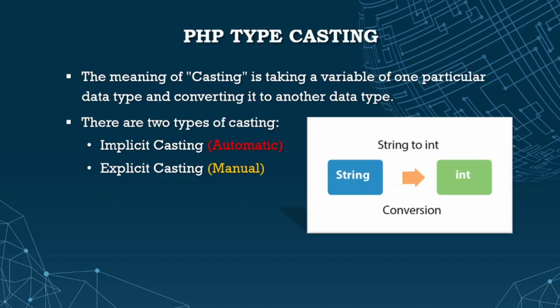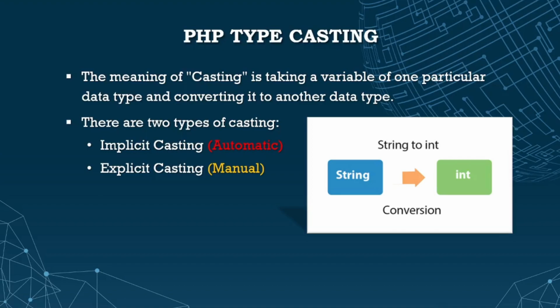There are what we call implicit casting and the explicit casting. For the implicit casting, ito yung automatic na data type, which means si PHP po yung nagseset ng data type. Once we assign a value to a particular variable, if it is enclosed with a quotation, therefore, i-consider yan ni PHP na string. So if it is a whole number, gagawin niya yang integer.